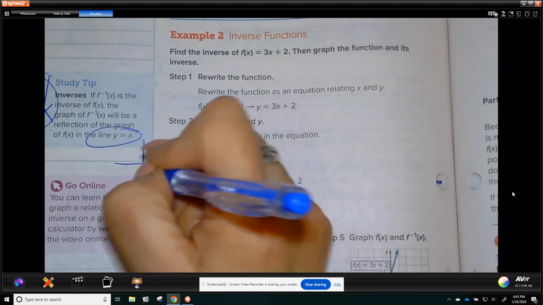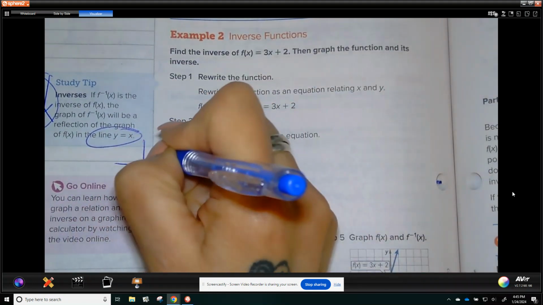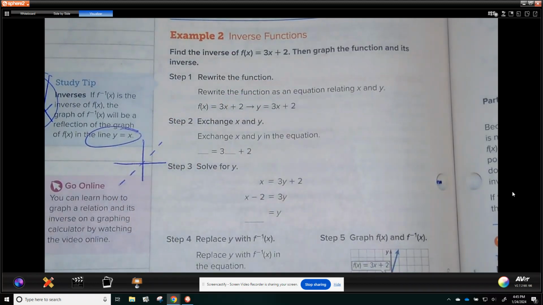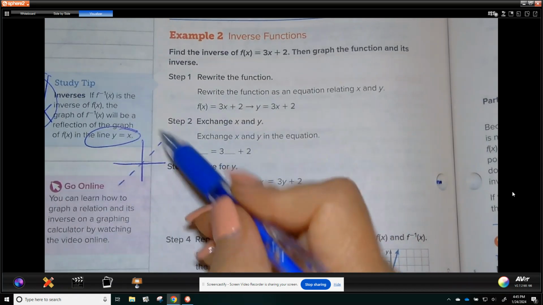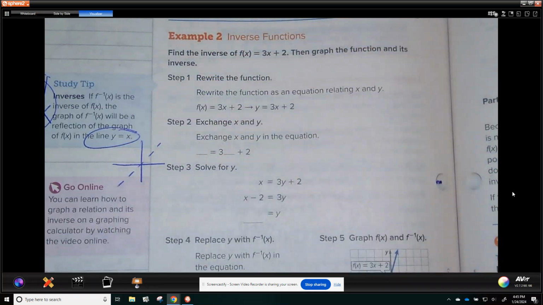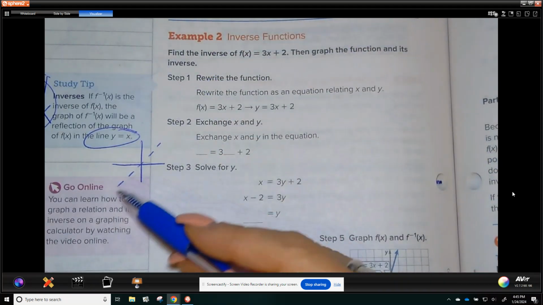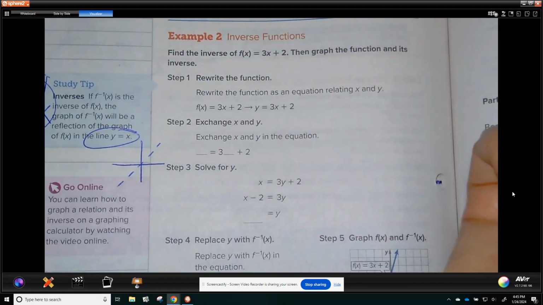So y equals x is this line right here. That is what it is reflecting on, not rotating. So when we graph these, you're going to have one and then you're going to reflect on that axis, the y equals x.